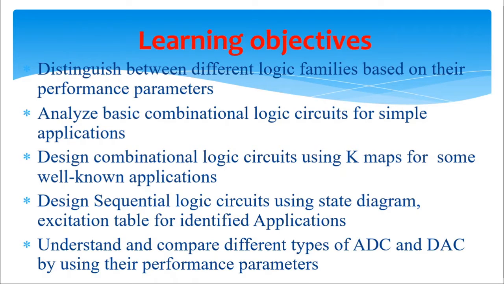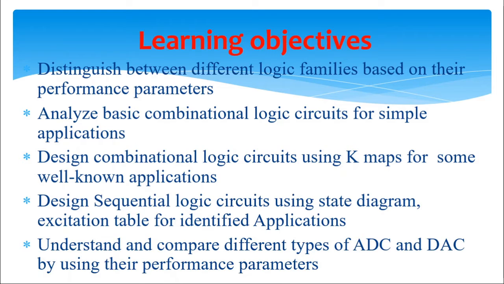This course provides basic knowledge about systematic methodology of designing digital systems. After studying this course, you will be able to distinguish between different logic families based on their performance parameters. You will analyze basic combinational logic circuits for simple applications.